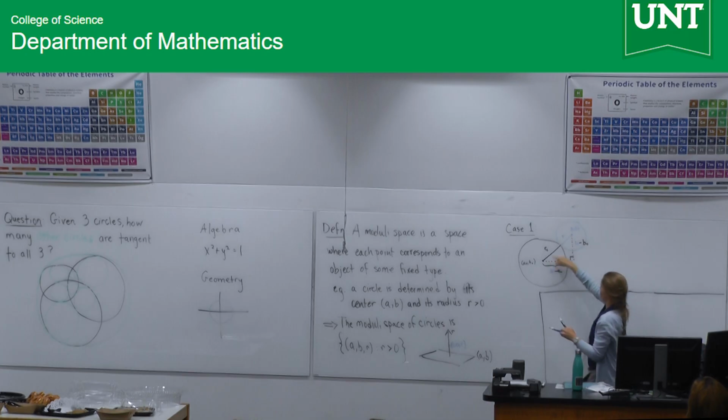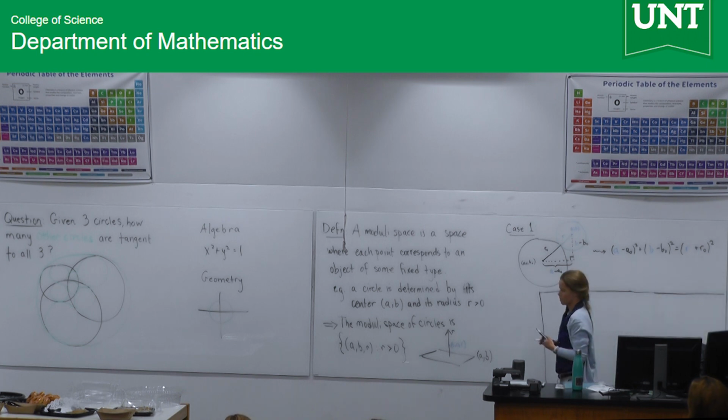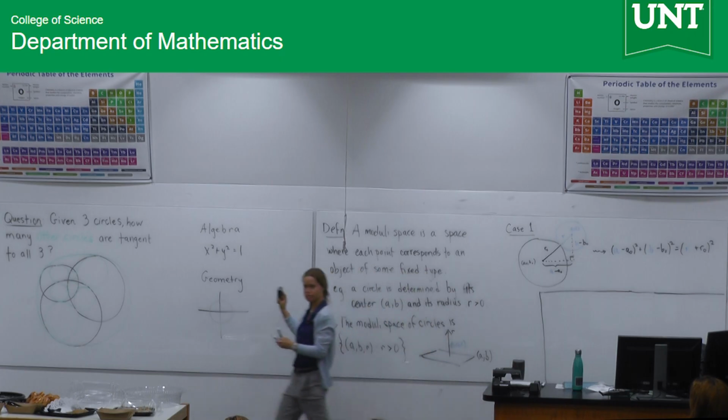And the hypotenuse here is R plus R naught. So by the Pythagorean theorem, I learned that I must have (A minus A naught) squared plus (B minus B naught) squared is (R plus R naught) squared. Any questions about that so far?